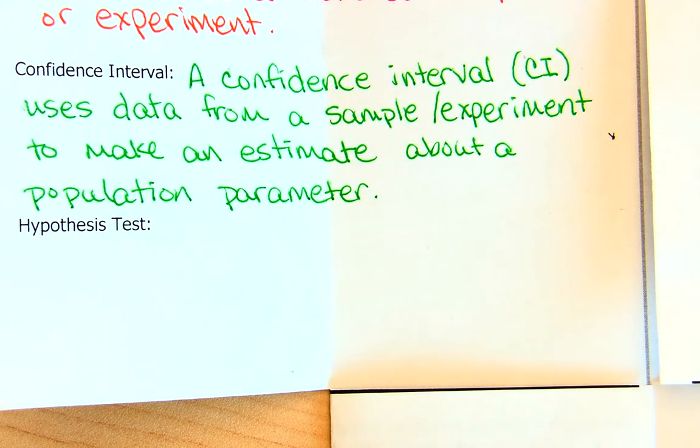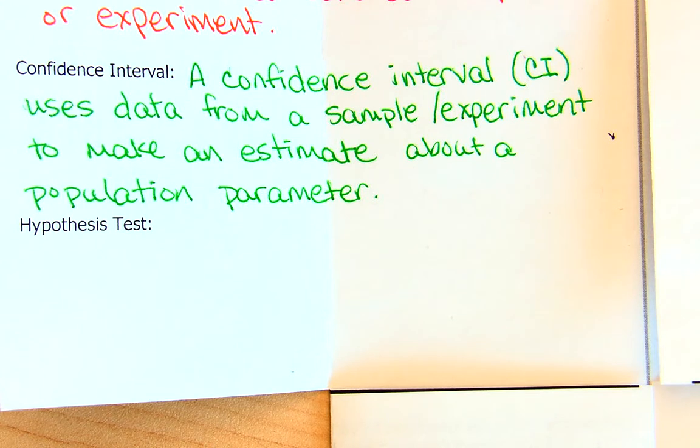So this one is kind of saying, well, if I want to estimate the percent of people who have brown hair, I'm going to say it's between 60 and 90%. So there's an estimate, okay? That's what we're doing with the confidence interval.